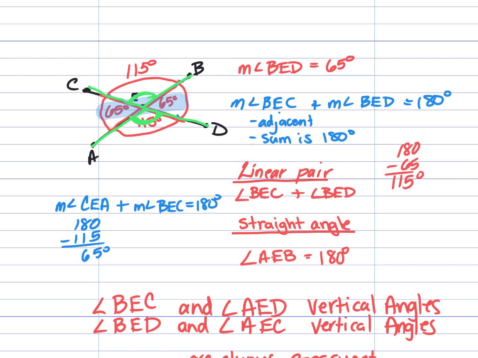We learned about linear pairs. Linear pairs are two angles that are adjacent and whose sum is 180 degrees. And we learned about straight angles. A straight angle is basically just a flat line, and it has a degree measure of 180 degrees. I am your teacher. This is the way.